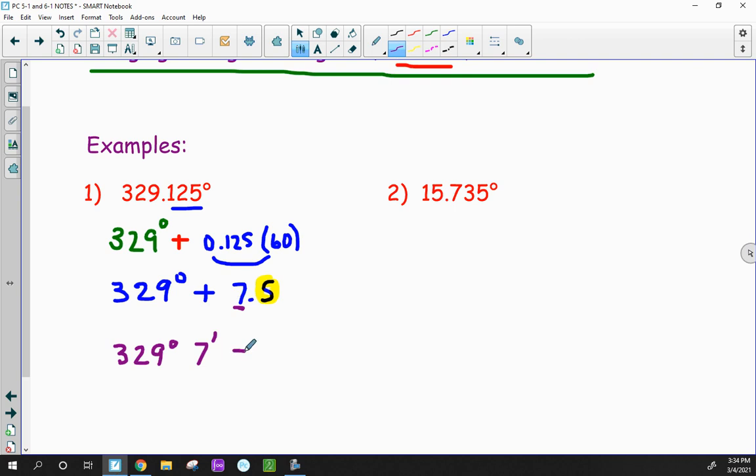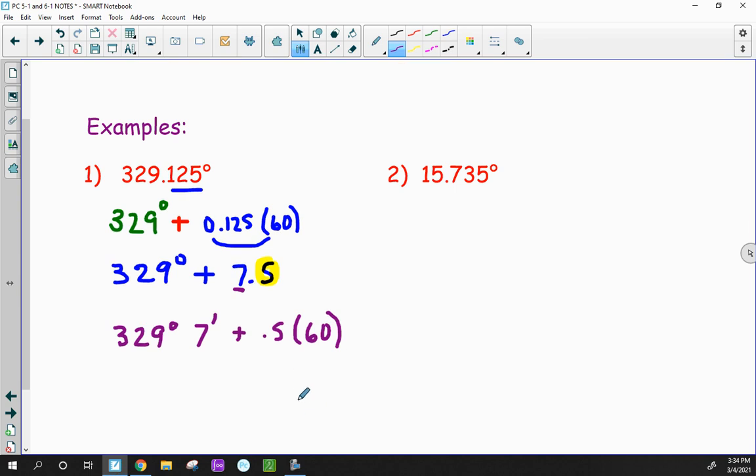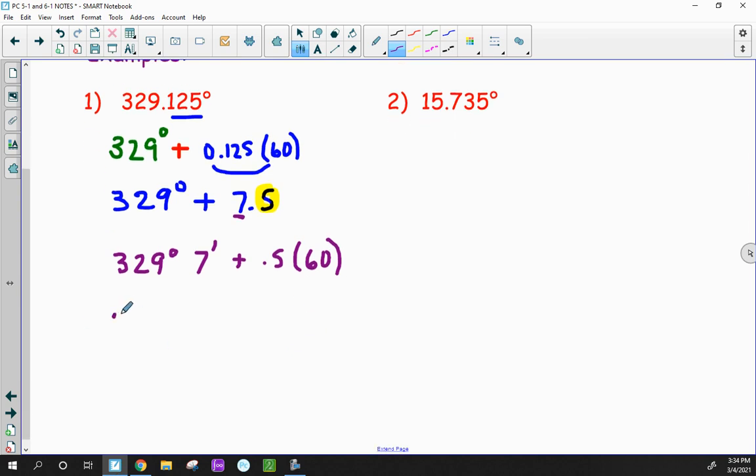You're going to drop down a plus sign. You're going to take the 0.5. Since there are 60 seconds in a minute, you're going to multiply that by 60. Again, notice the steps I'm showing, so I need you to do the exact same thing. We got 329 degrees, 7 minutes, and then you take 0.5 of 60, which is half of 60, and that's 30.